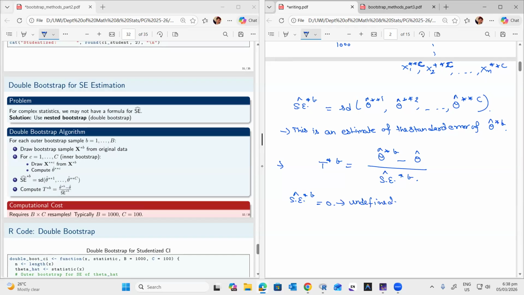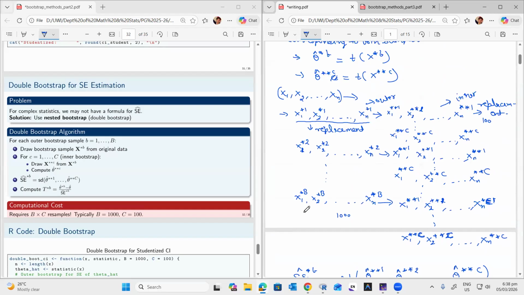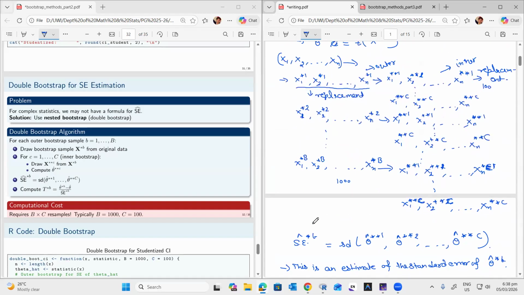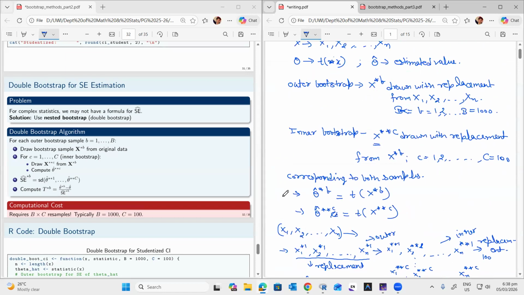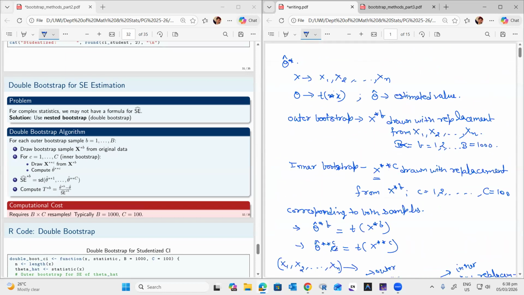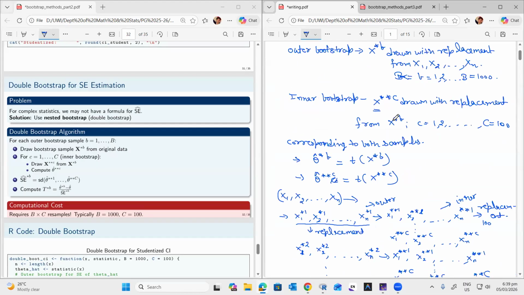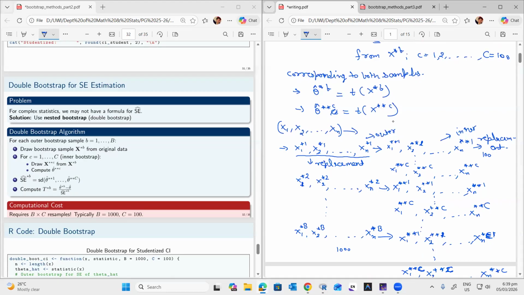So we will repeat these first steps. This is our first step, where we have the sample and we estimate theta cap. After that we generate the samples, that is step 2.